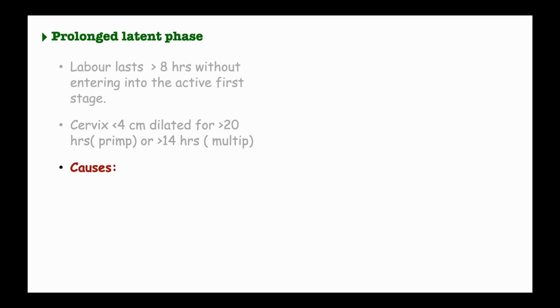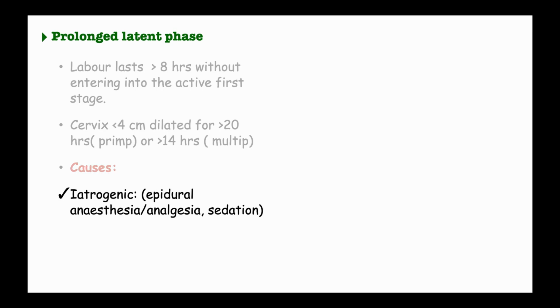And the causes of prolonged latent phase include iatrogenic causes, such as when we give epidural anesthesia or analgesia to reduce the pain of labor, or even sometimes when we give narcotic sedation. All of these come together to cause poor efforts by the mother, and so it reduces the contractions of the uterus, which will lead to a prolonged latent phase.